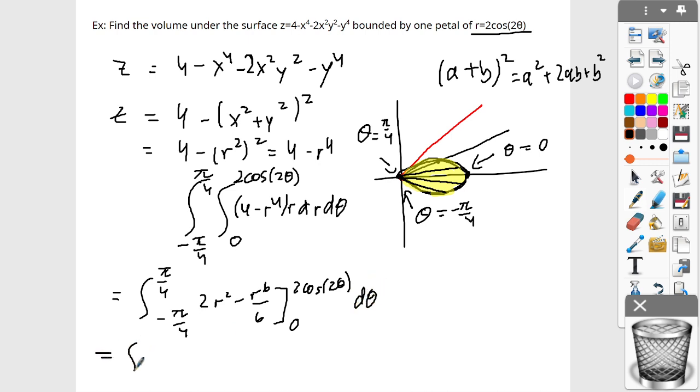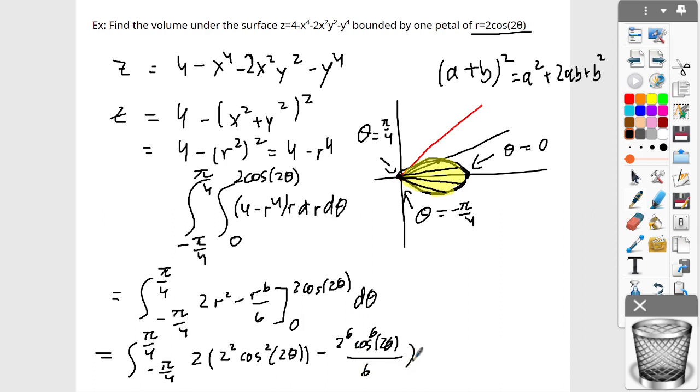This is equal to the integral from negative pi over 4 to pi over 4. And if you put this in, you will get a mess. You will get 2 times 2 squared cosine squared of 2 theta minus 2 to the 6 cosine to the 6th of 2 theta over 6, d theta.